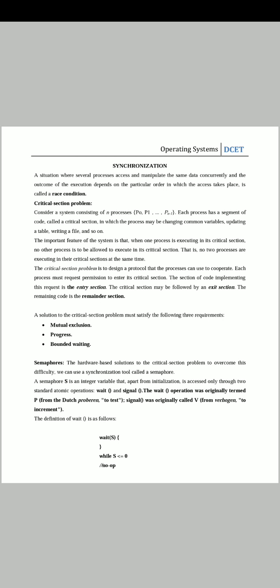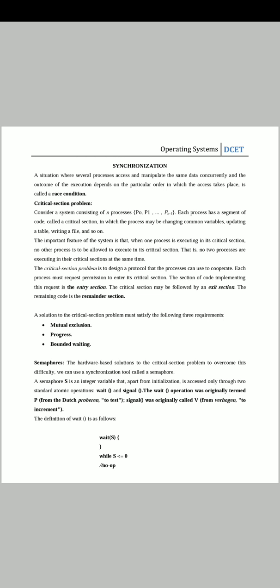It means that one process at a time tries to execute in its critical section. The critical section problem is to design a protocol that a process can use to cooperate.